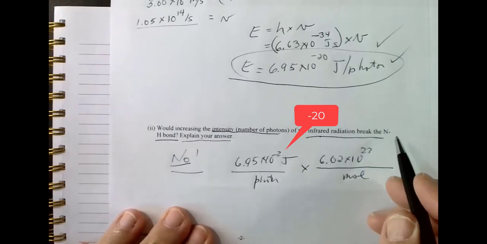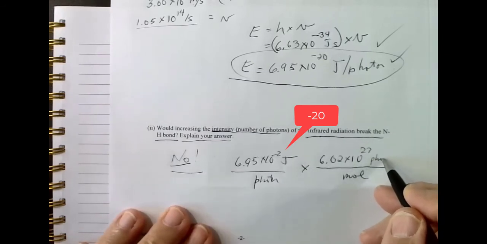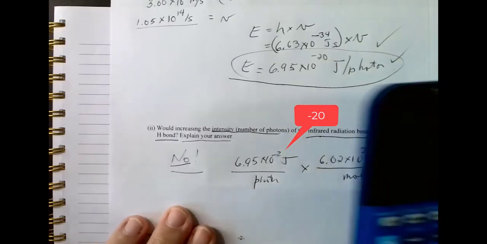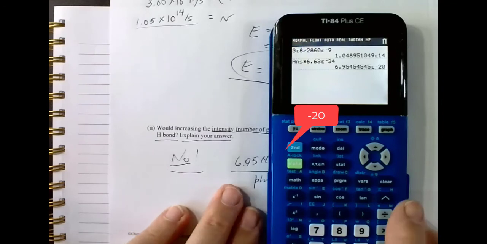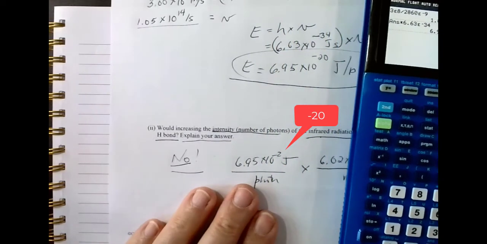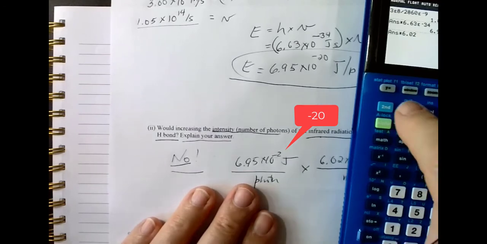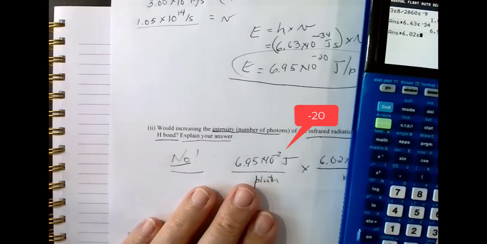And well, in this case we're talking about photons. And I'll just take my calculator where I still have my previous answer. Don't clear your previous answers because you're going to be using them. Times 6.0. That one you should not have to look up. That's times 10 to the 23. Let's see what we got.